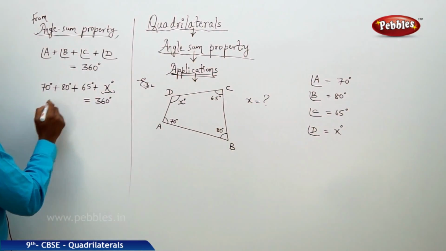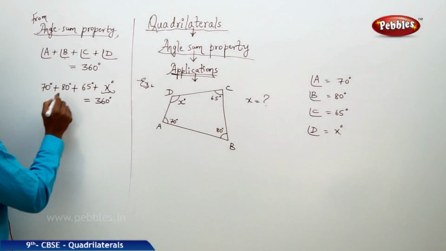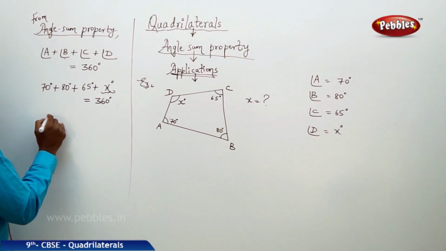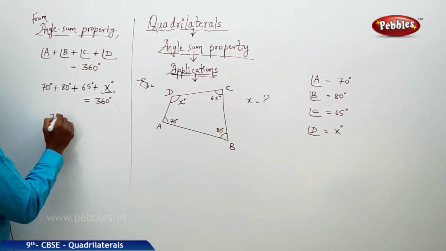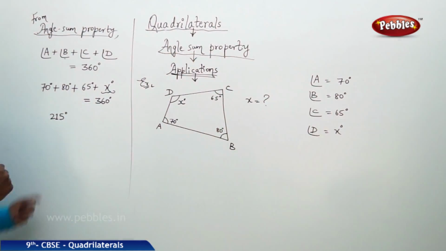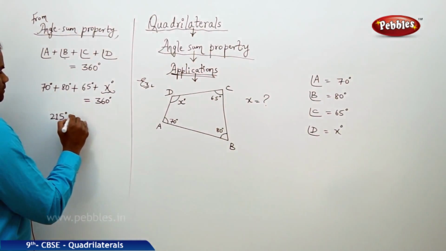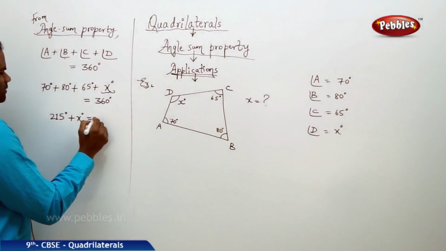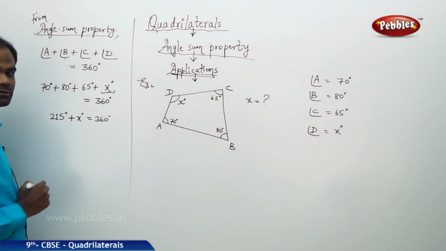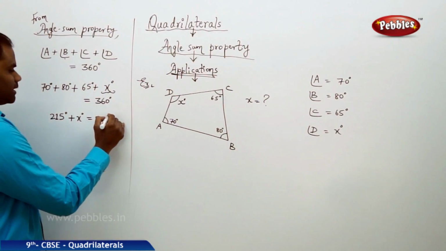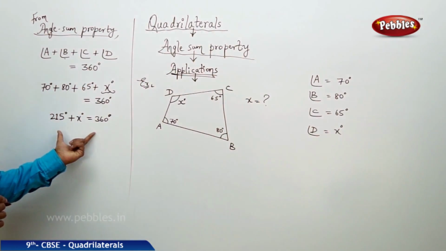Let me add all these three. 70 plus 80 is 150. 150 plus 65 is 215 degrees is what we get. Plus x degrees equals 360 degrees is what we get when it is further simplified.